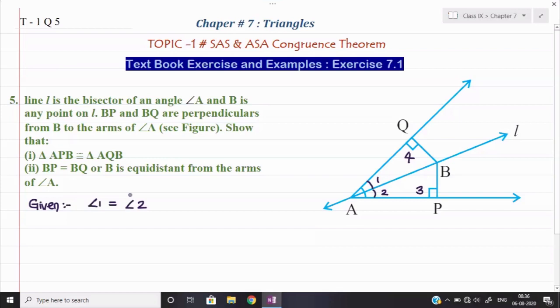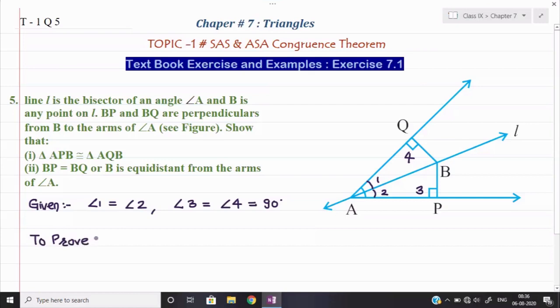Basically, we have given that here line L is the bisector of angle A. So from that we have taken two equal parts, that is angle 1 and angle 2, and we have taken angle 1 is equal to angle 2. Similarly, I am taking here angle 3 is equal to angle 4 is equal to 90 degrees, because we have given that BP and BQ are perpendicular. So the angles formed at P and Q will be of 90 degrees, means angle 3 and angle 4 are equal to 90 degrees.